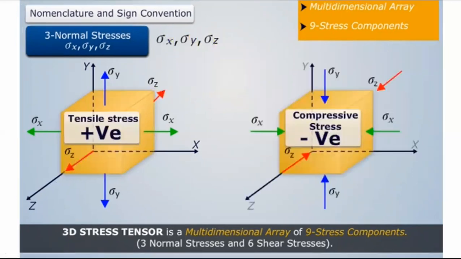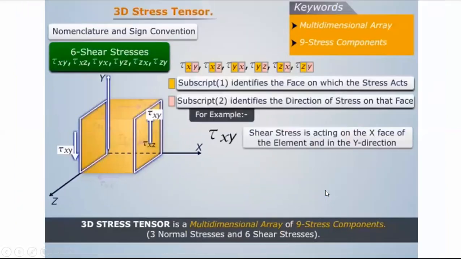Now, normal stresses sigma x, sigma y, sigma z can be compressive or tensile. If they are acting away from the center like this, they will be called tensile, and if they are acting towards the center, they will be called compressive stress.